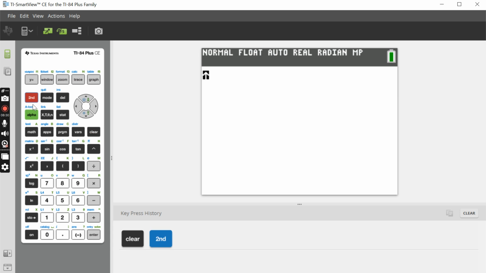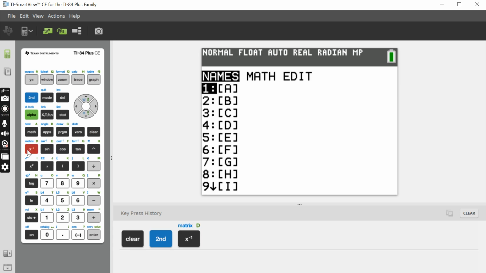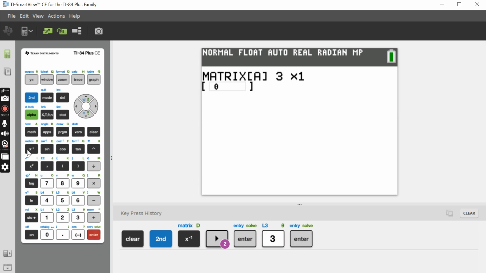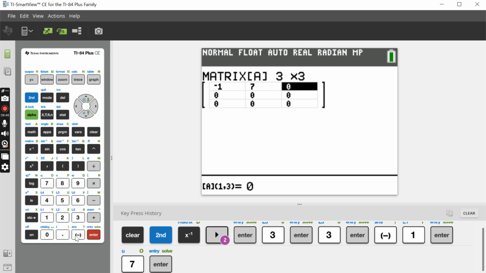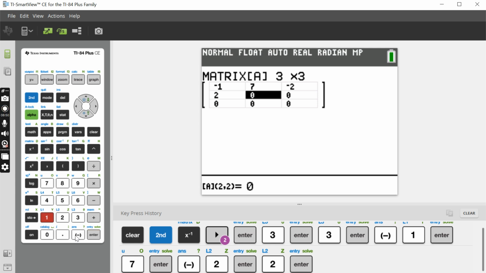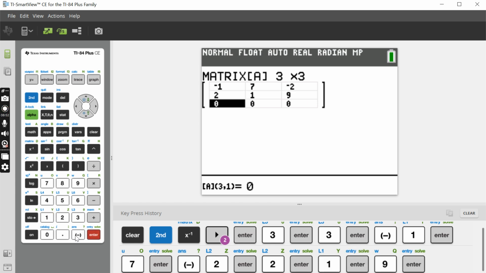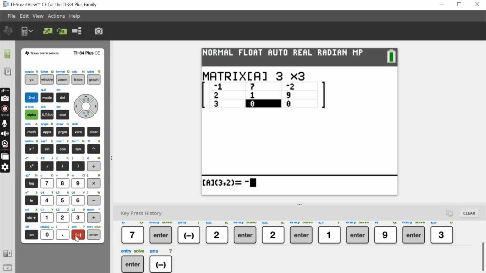Okay, I'm going to go second matrix, edit. This is a 3 by 3. And then I'm going to type in that coefficient matrix: negative 1, 7, negative 2, 2, 1, 9, 3, negative 5, 2.